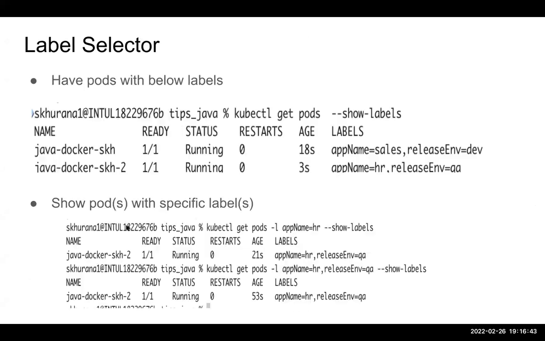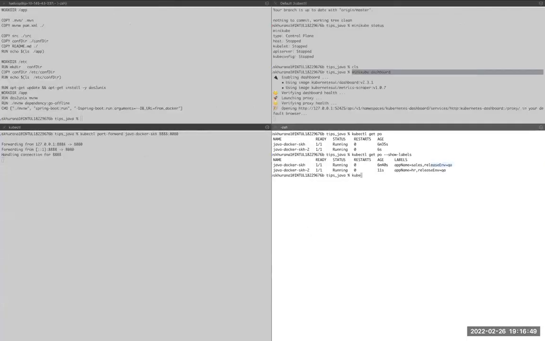Now what I want to do is kubectl get pods -l app name equal to HR and show labels. So it shows me only the pod which has app name HR, and I can give both of these as well, app name HR and this.